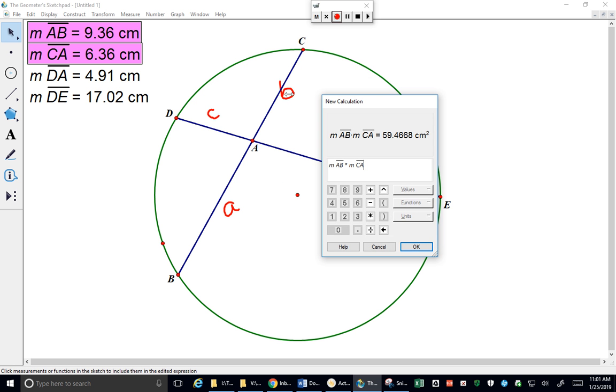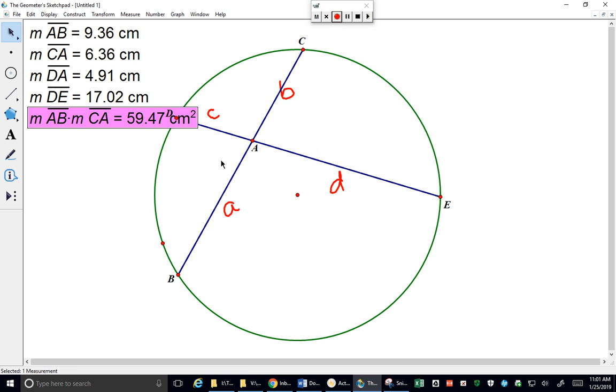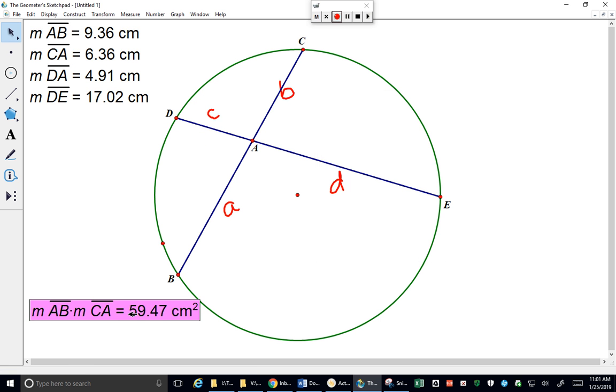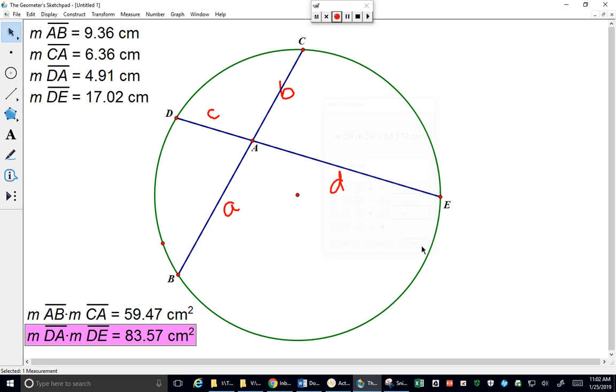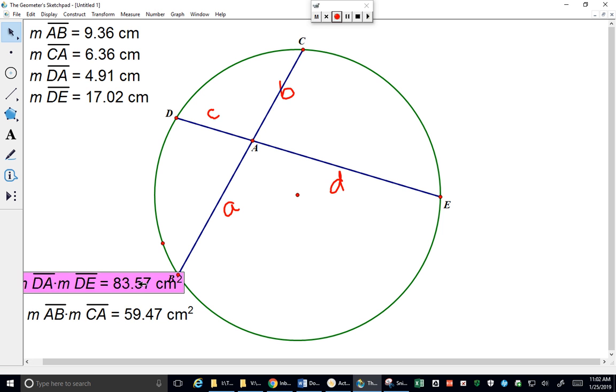right? So that's this length times that length. And if I do another calculation and multiply it by the other 2, looky what happens. Nothing whatsoever.